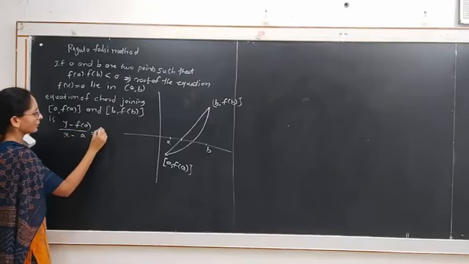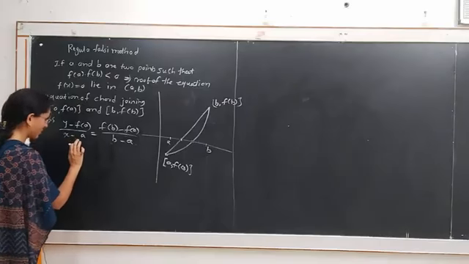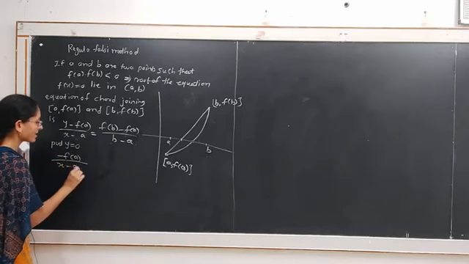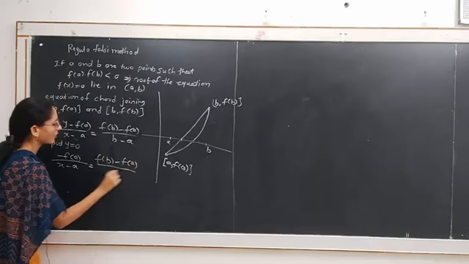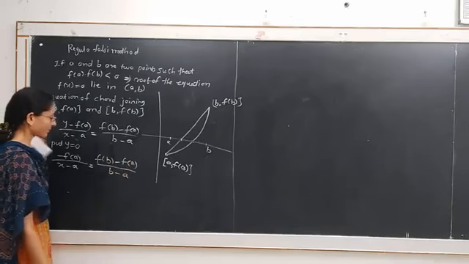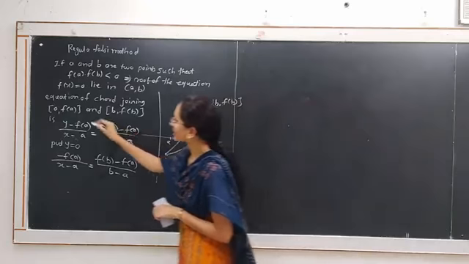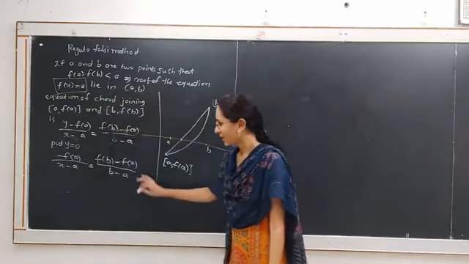Now we take the intersection with the x-axis, hence we put y equal to 0 in this equation. Then we get minus f of a upon x minus a equal to f of b minus f of a upon b minus a. We solve that equation for the value of x, because we want the solution of the equation f of x equal to 0.